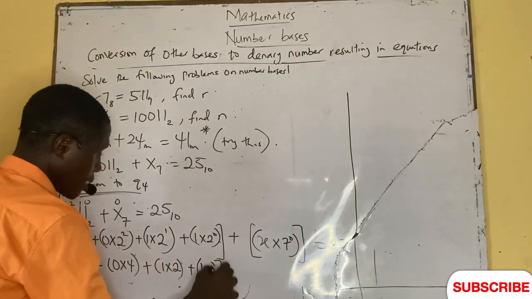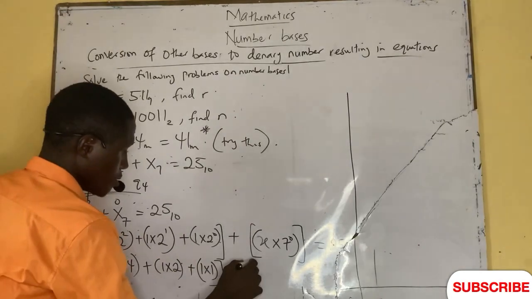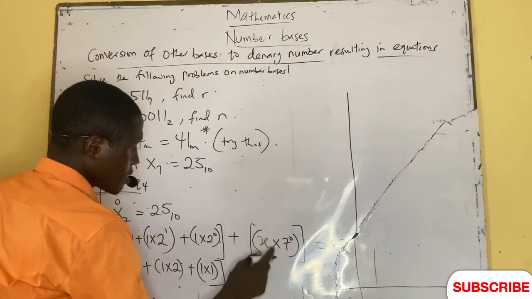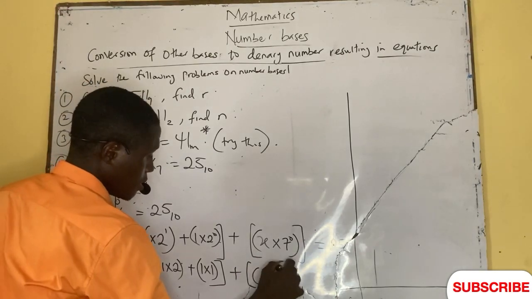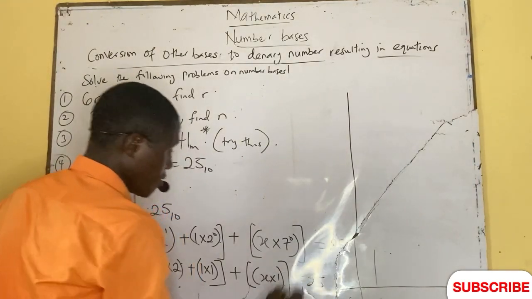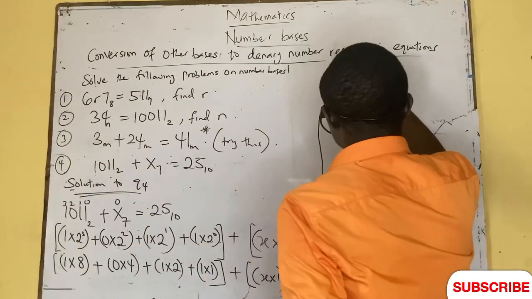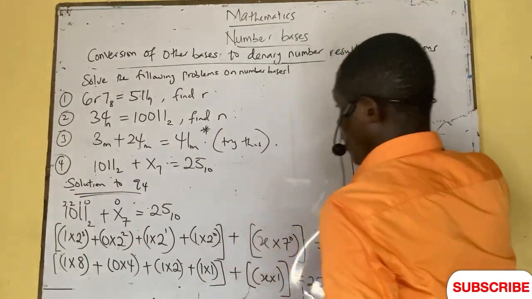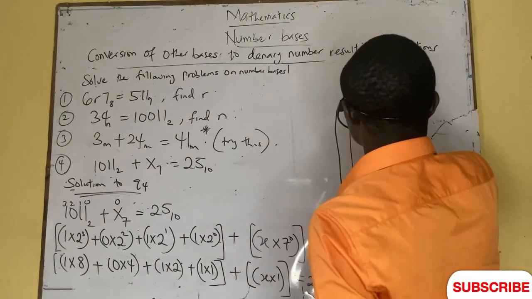So into brackets. Plus x times 1. Bracket close, then close the big bracket, equal to 25. It's very necessary you work with that so as to minimize your error, to avoid unnecessary error. 1 times 8 is 8.